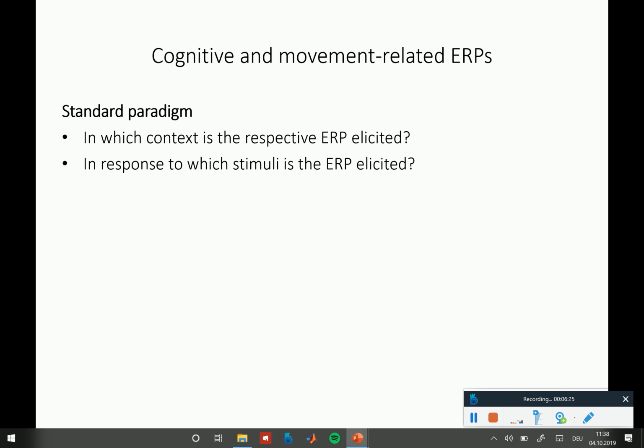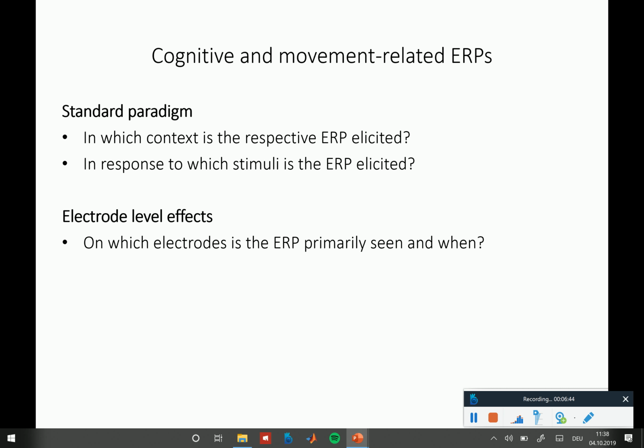So in which context is the respective event-related potential elicited, and what are the typical stimuli that are used to elicit these kinds of event-related potentials. And we will discuss that for the 4 cognitive and the 5th movement-related ERP.